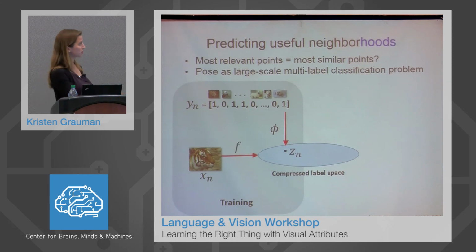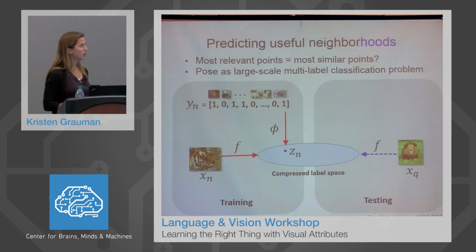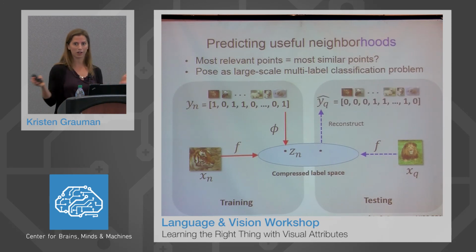Then we learn regression functions that will allow you to map image features to these compressed labels, which are lower in dimension, such that now when you come in with a test image, you can apply those regression functions, get yourself to the compressed label space, and use standard compressed sensing techniques to reconstruct back into the full, very large multi-label classification space. Okay?